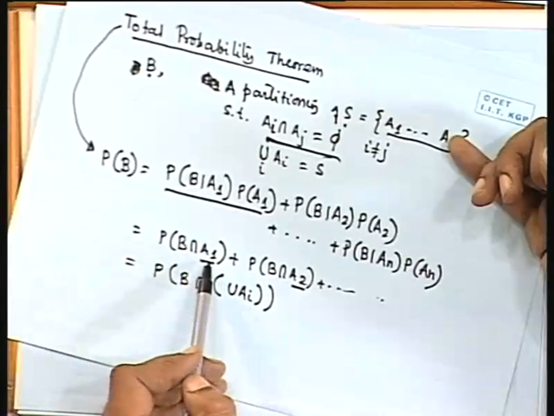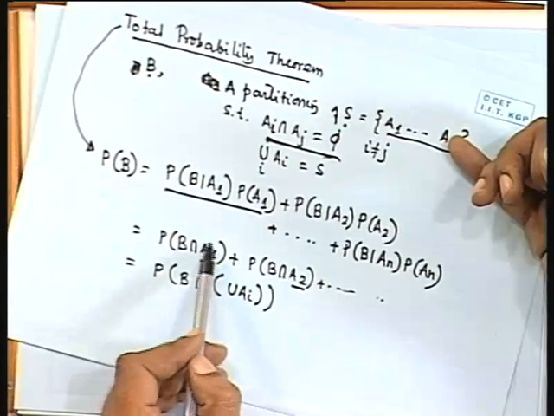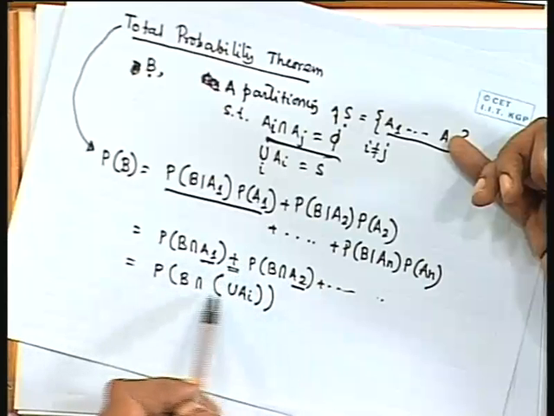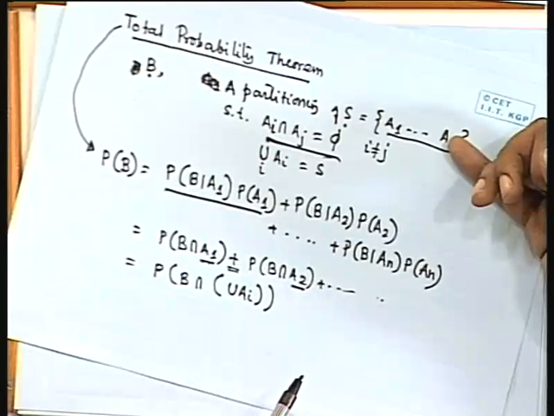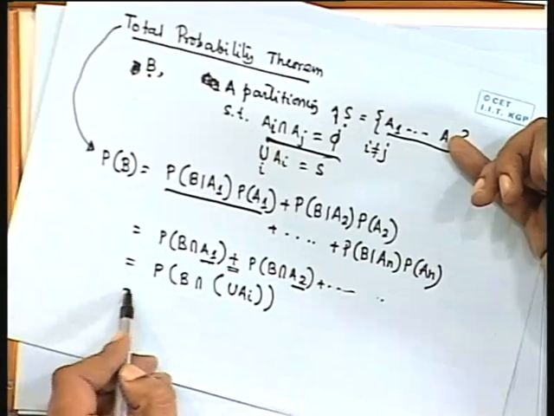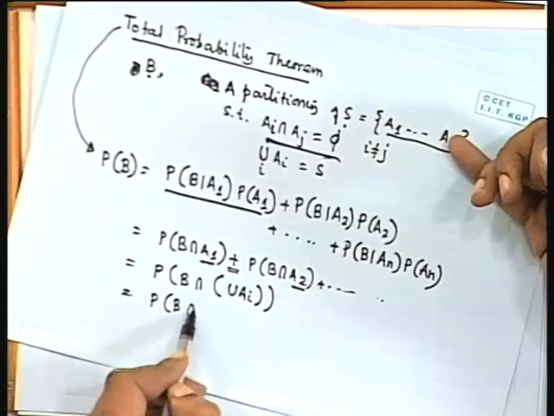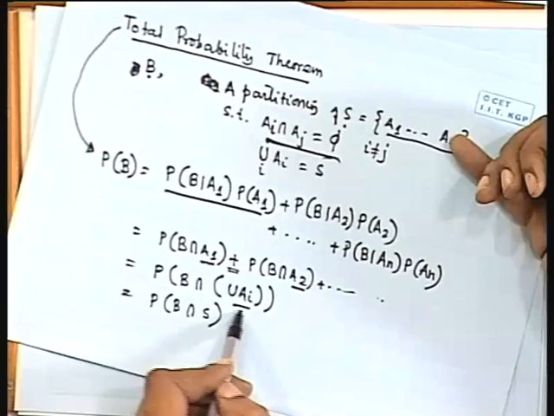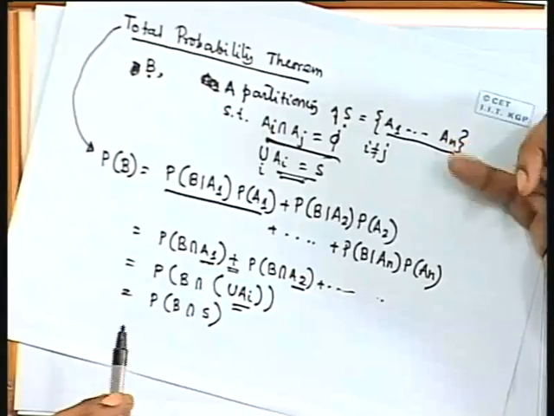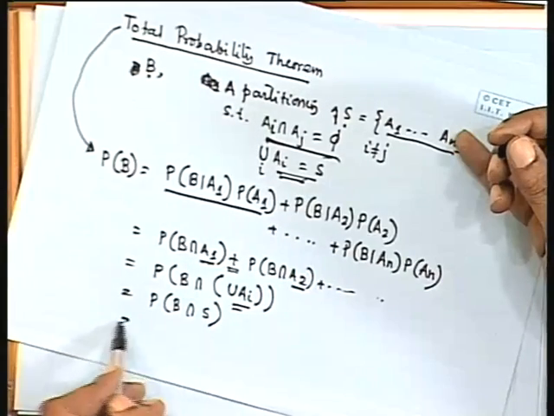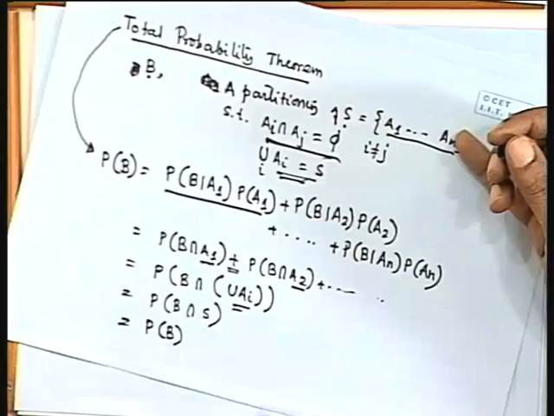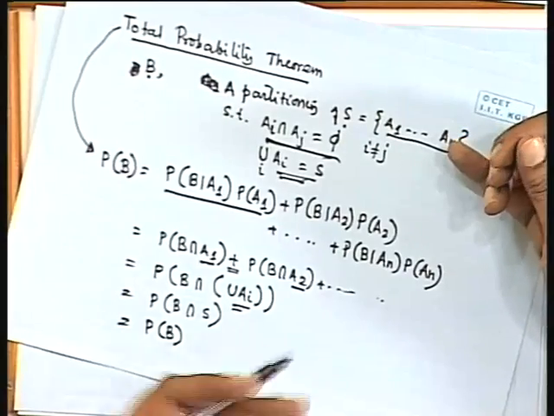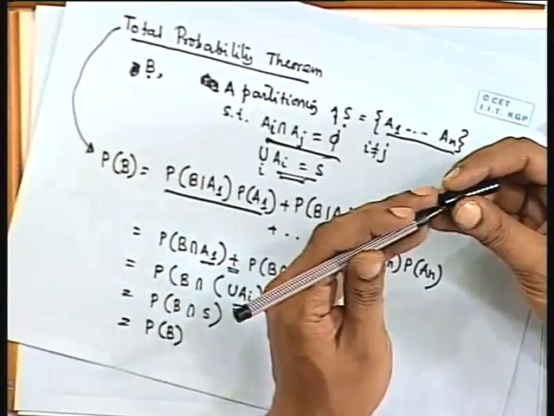Whenever they are disjoint, you can take the union here, because this plus becomes union of the sets. This is equal to P of B intersection S, because union of AI is S, which is equal to probability of B, because B intersection S is nothing but B.